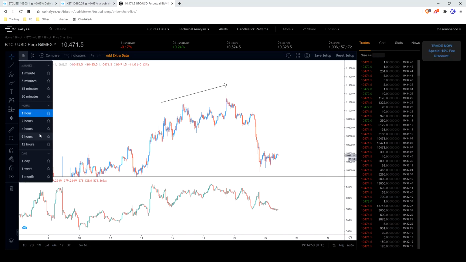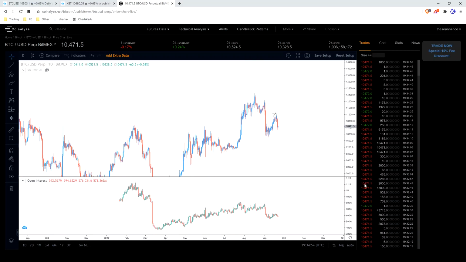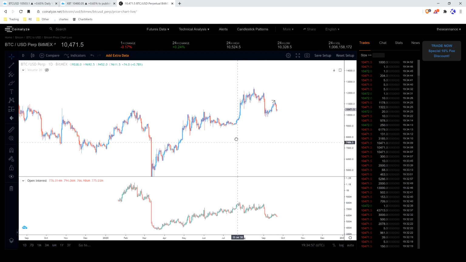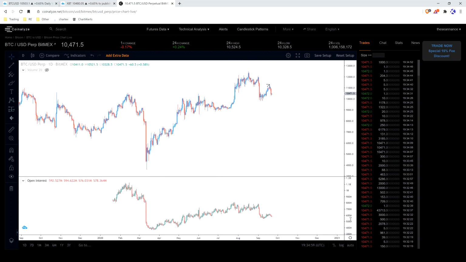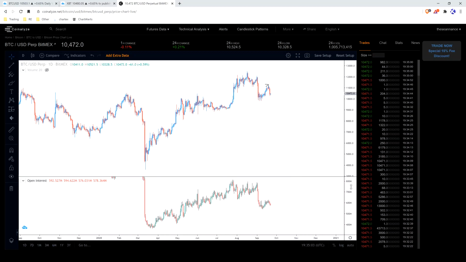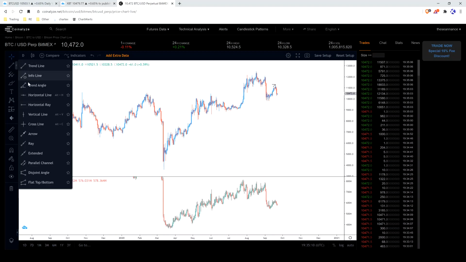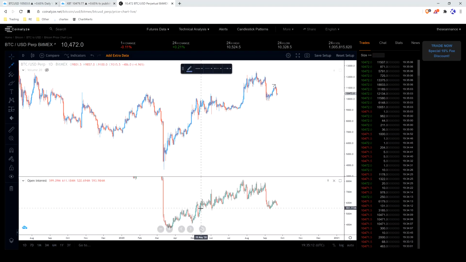And we can zoom out to the daily. And you can see that open interest is the total number of positions open. It takes one long and one short to make up one increment of open interest.